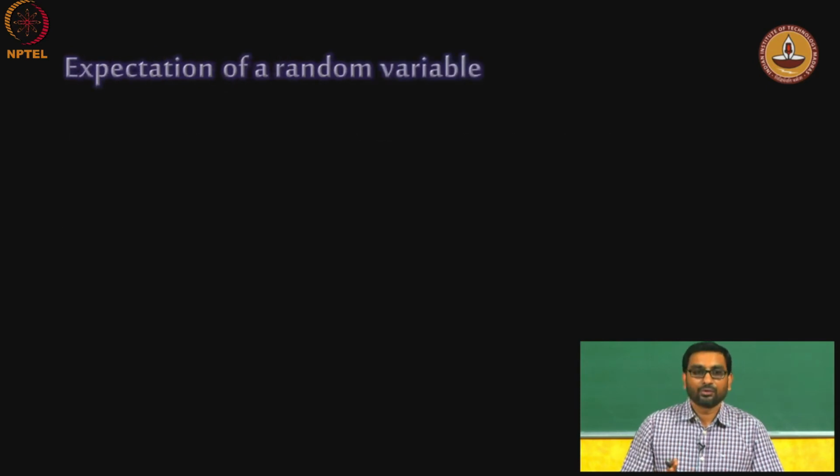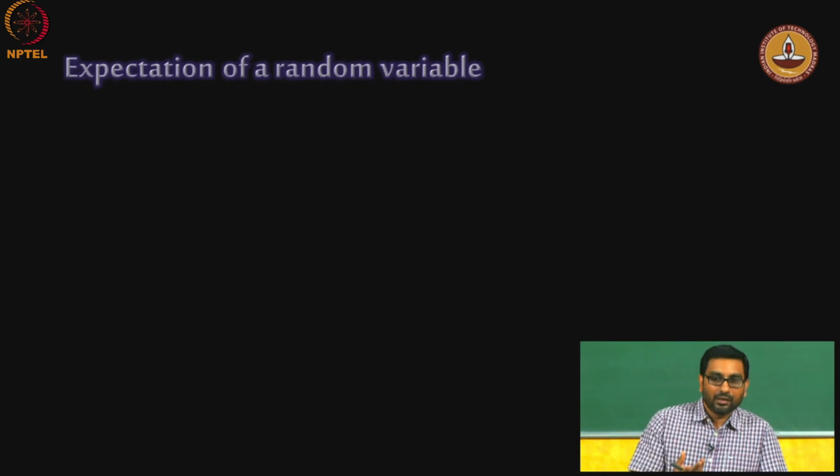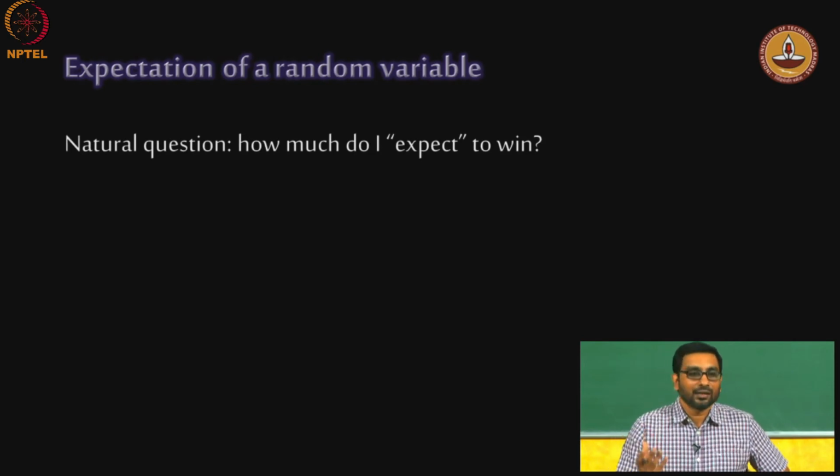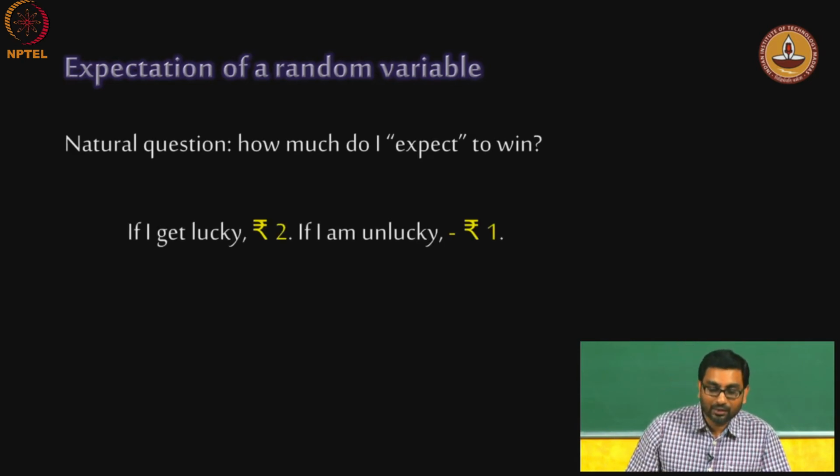Now comes an important topic. We have already alluded to this. A random variable is basically measuring some quantity. So, for example, in the game that we played, a natural question I can ask is how much do I expect to win? Okay. If I get lucky, I will get 2 rupees.